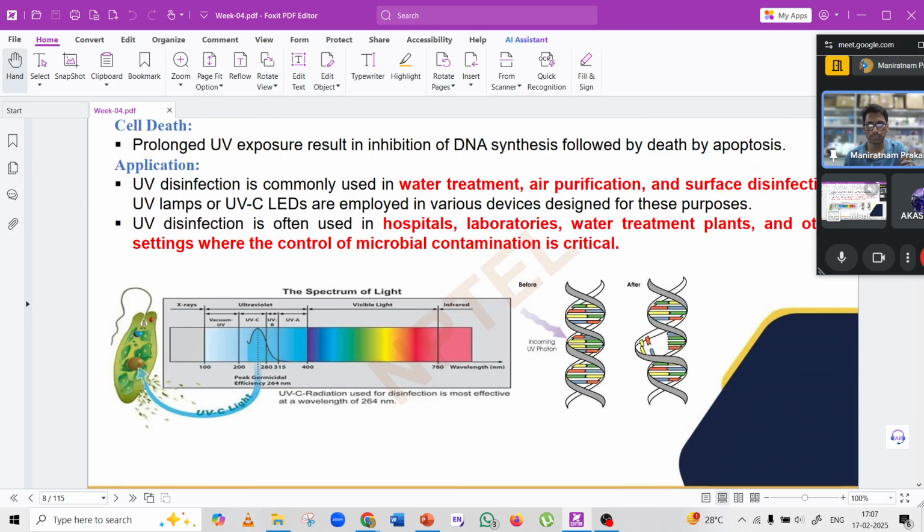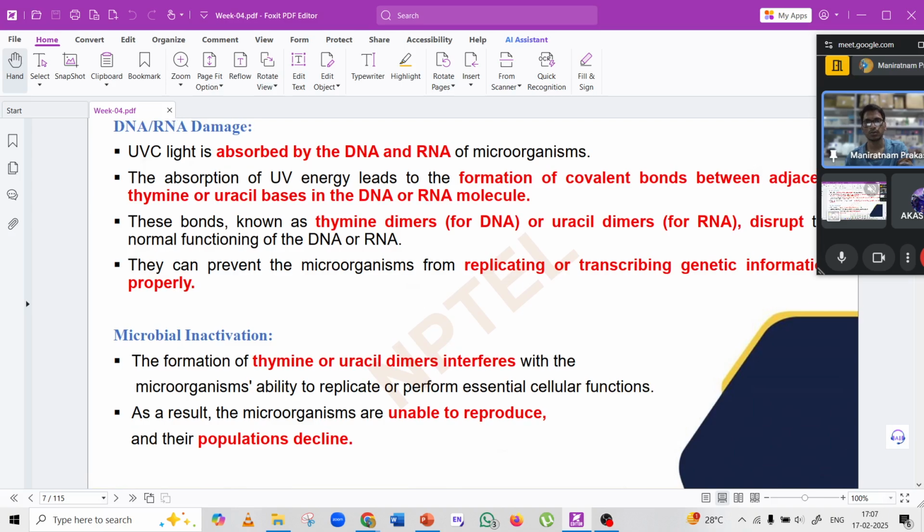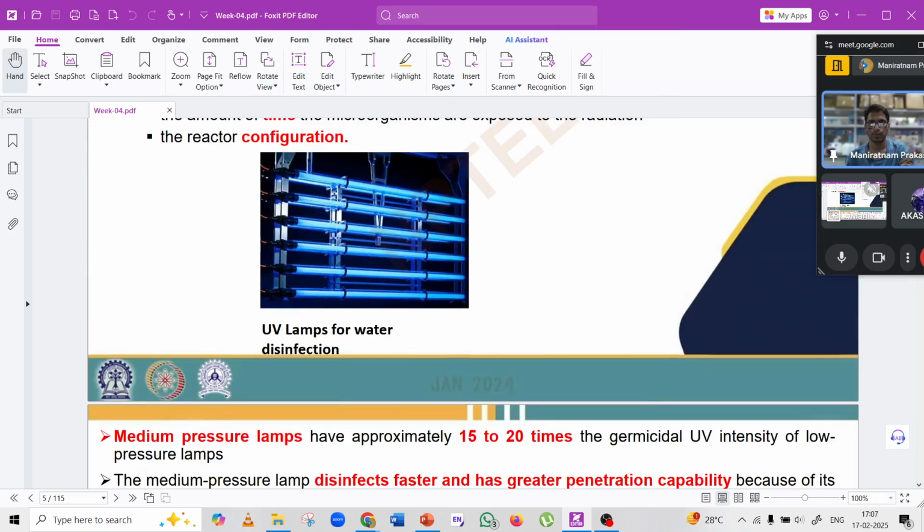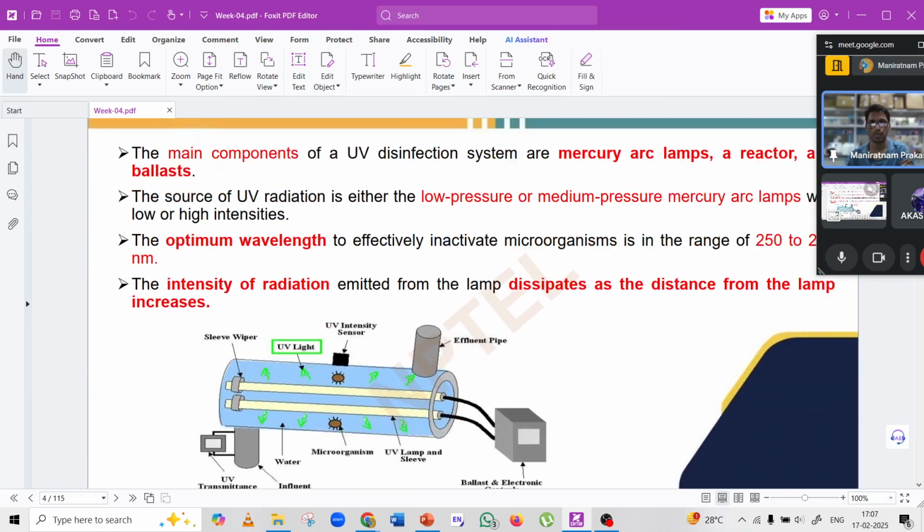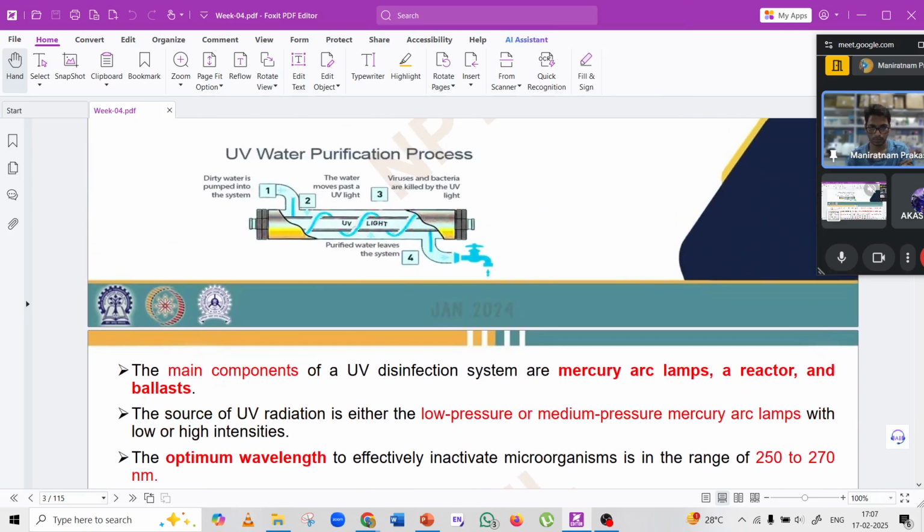As the UV light falls on it, it falls within that spectrum where maximum damage can happen. If you are more interested, you must go through the lectures and you will be good to go.